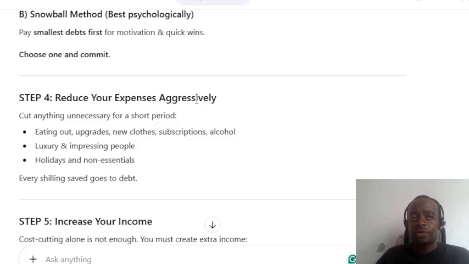You see, life is all about earning money and spending, so that if you spend less than you earn, you'll have some spare money which you can either use to save, to spend even more, or to invest. Which means that you have to cut unnecessary things like eating out, upgrading, new clothes, subscriptions, alcohol, luxury, holidays, non-essentials.